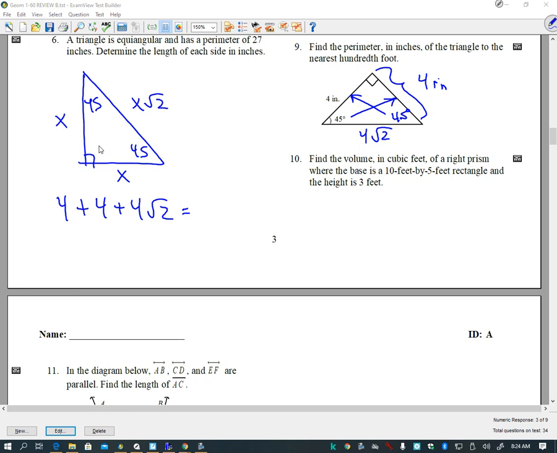What do we get? 13.6 what? 6. Because there's a 5, but then there's a 6 behind that 5, so that moves that 5 up to a 6. And we want to finish off our label with feet, and because it's perimeter, it's not squared, it's just a length. 13.66 feet.